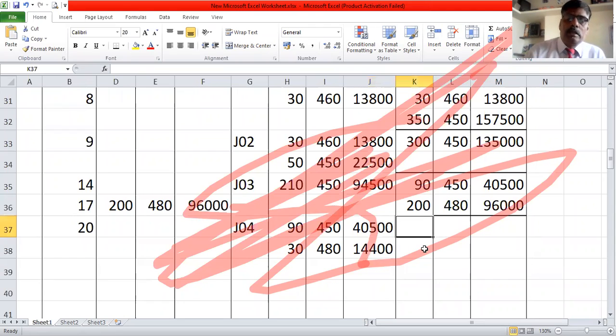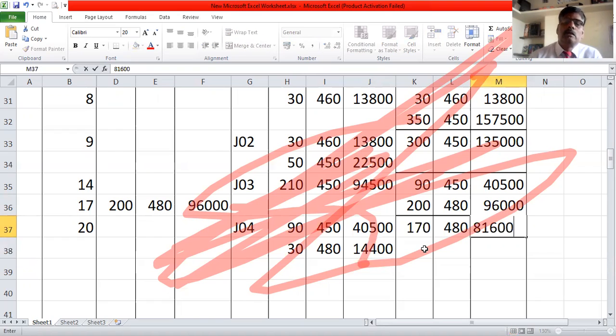Now balance is, I think, 170 units at the rate of 480. 170 into 480 is equal to 81,600. Okay.